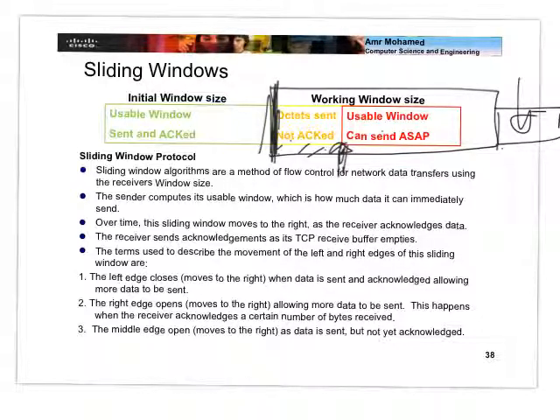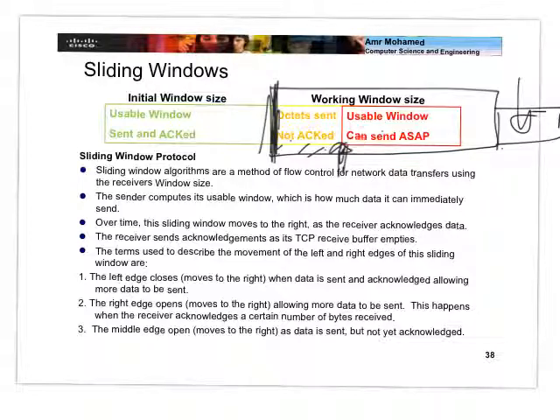Part of this you send, but you're still waiting for the acknowledgement. Once you receive the acknowledgement, then you can slide a little bit. But the file is large, we're talking about a few megabytes. So there must be some other bytes which are still waiting to be transmitted, but I cannot transmit unless I slide the window. That's how the sliding window technique works.